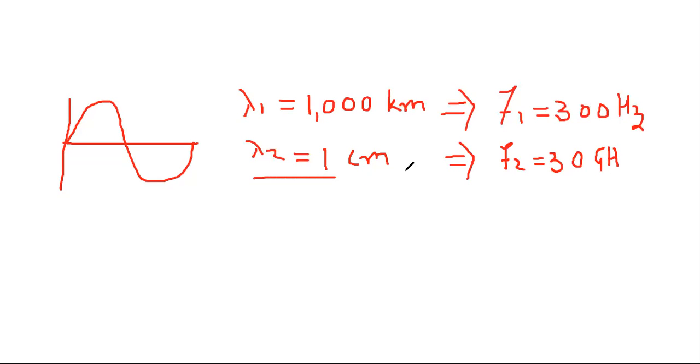Okay, so the question arises here, why are we discussing these two examples? We are discussing these two examples because of the voltage measurement. If you measure this voltage, the lead will be more than 1 centimeter, because if you use a multimeter or anything, its lead is more than 1 centimeter. So in the 1 centimeter length, you will have this positive half cycle and negative half cycle completely.